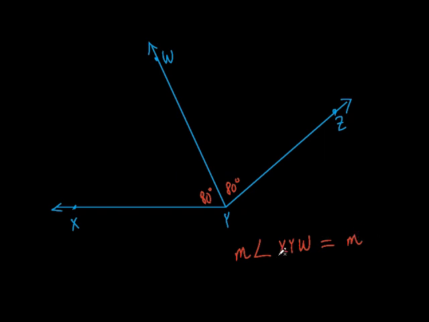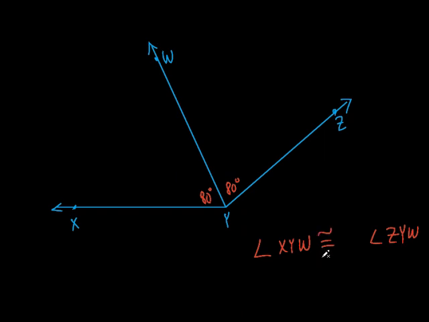I'll probably rarely write this little m in front of it. I'll just say angle XYW is equal to angle ZYW, okay? If you didn't have the m's there, I wouldn't mind you just saying, so if they have equal measures, it means these angles are congruent to each other.